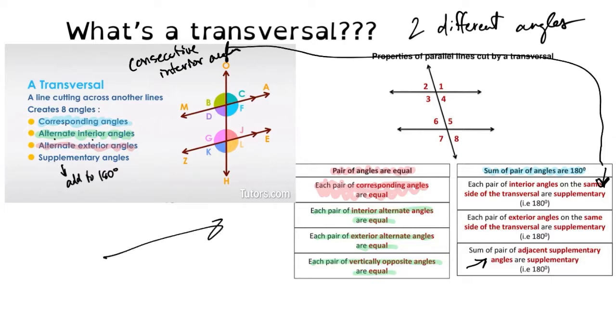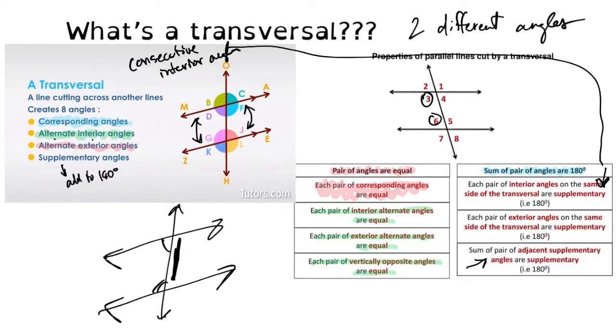So what that means, consecutive, means they're not across the transversal, so they're on the same side of the transversal, and they're interior, so they're in between. They're in this interior zone. So F and J would be consecutive interior angles. D and G would be consecutive interior. This angle and this angle would be consecutive interior. 3 and 6, 4 and 5, those two and those two.